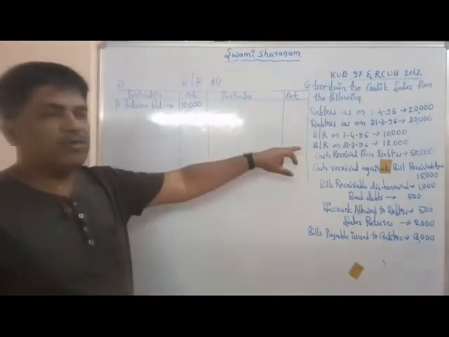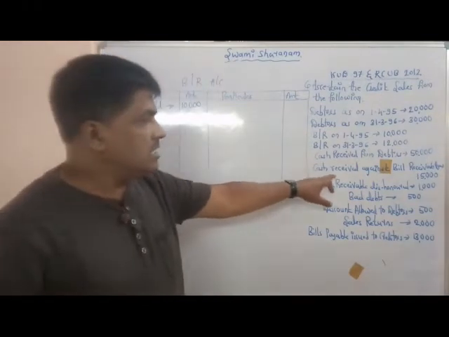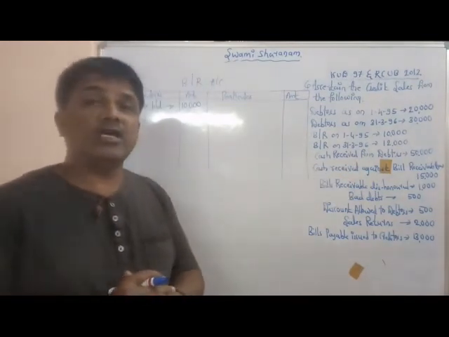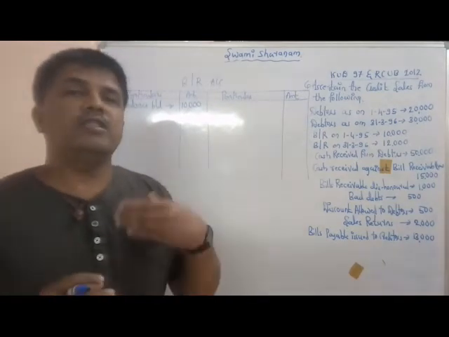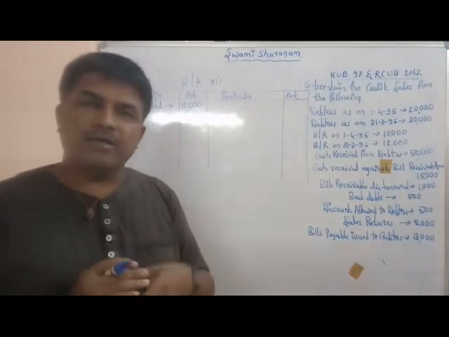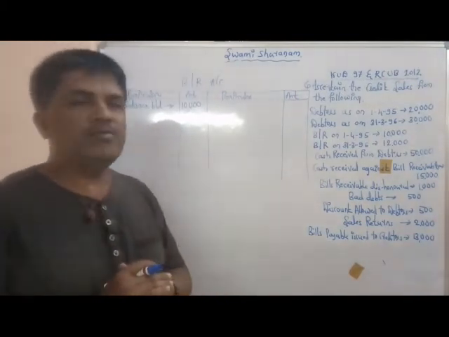So then closing bills receivable is recorded lastly. Then cash received against bills receivable, how much is it? 15,000. Cash received against bills receivable means, when the BR received from the debtors is presented in the bank and the cash is received, it is called cash received against bills receivable.